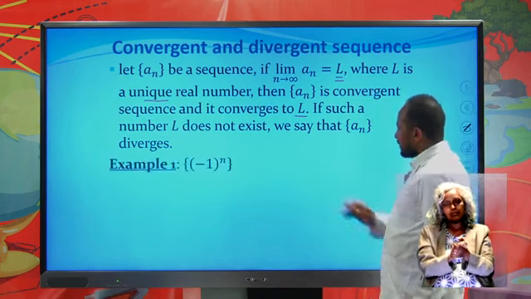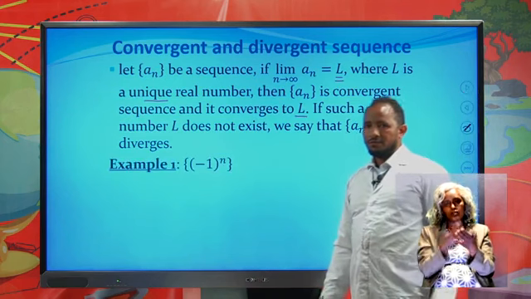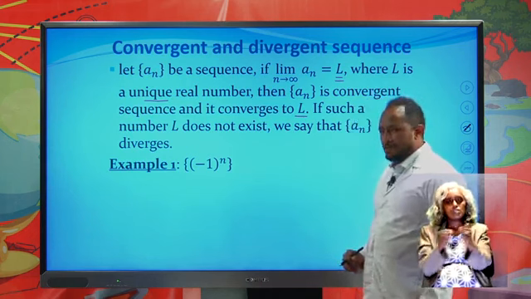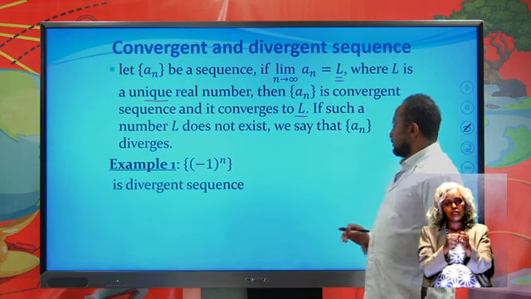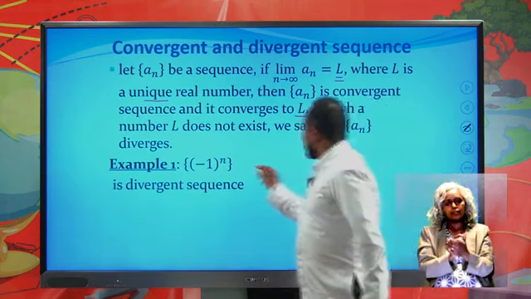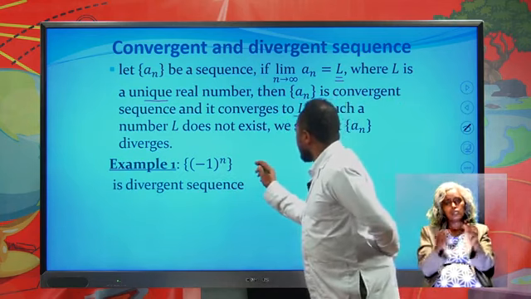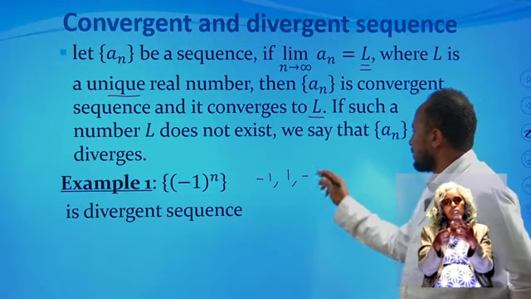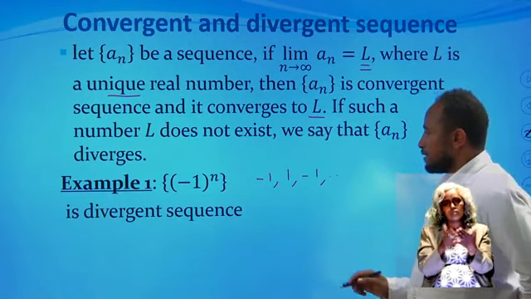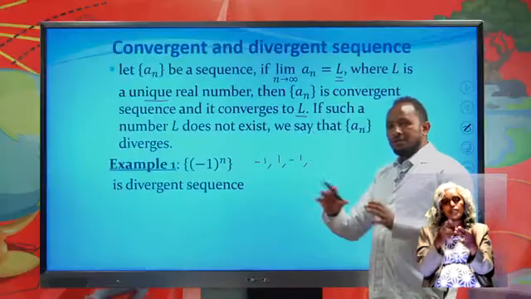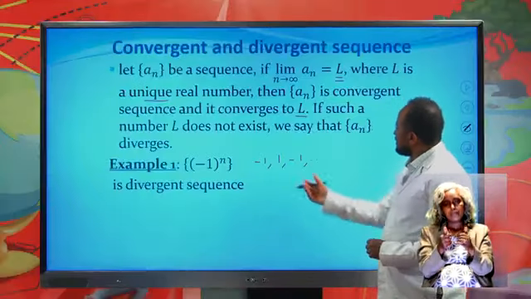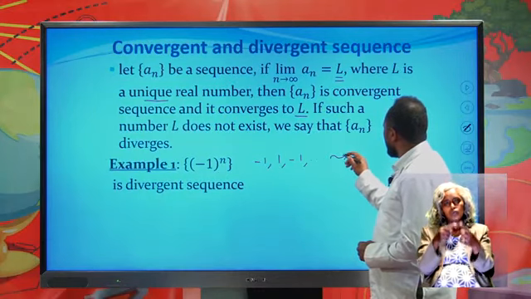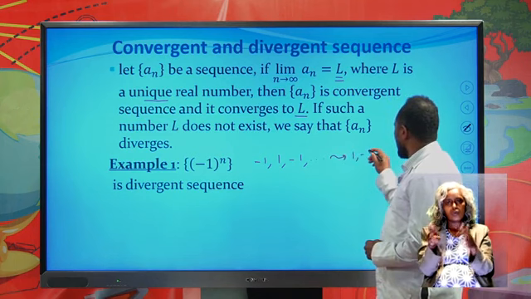So let's see an example for this. When you see this sequence, the terms: the first term is -1, the second term 1, the third -1. It goes on like this. So at infinity, this sequence goes to 1 or -1.